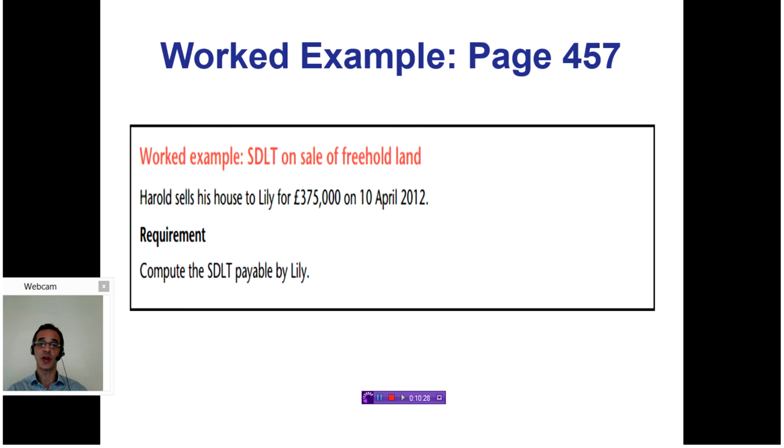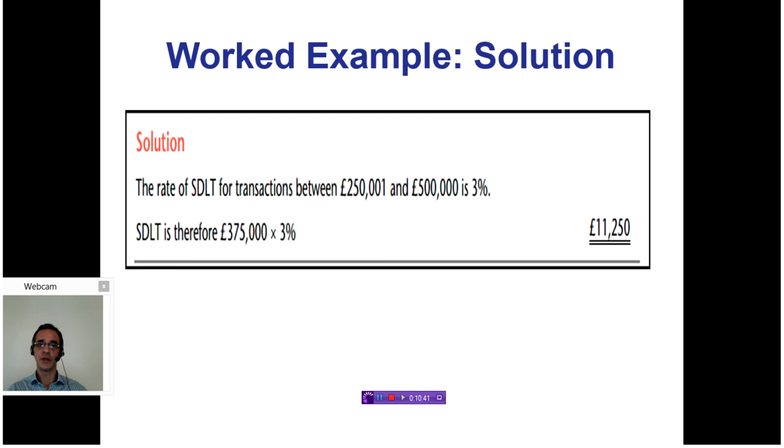In addition to that, we just need to pitch the level of 375 into the various bands. So we'd be looking to our Hartman's table to figure out what percentage we would apply to the transaction. In this case, because it's between the 250k band and 500k band, it's 3%, so we simply multiply by the value, and that's it. And do bear in mind that's payable by the purchaser.